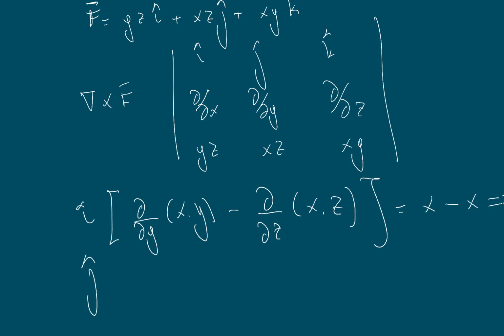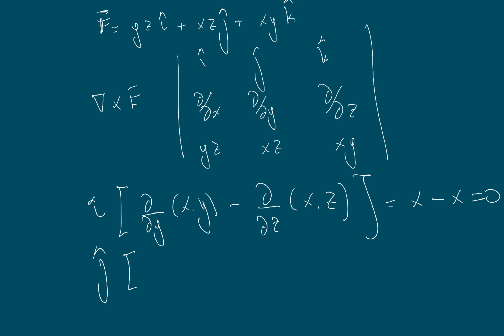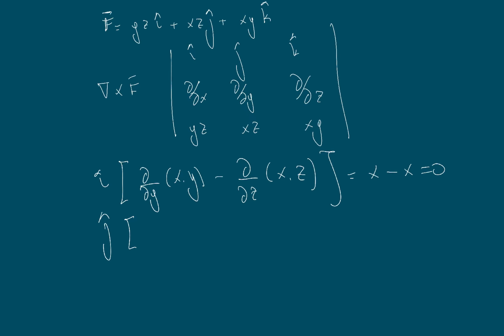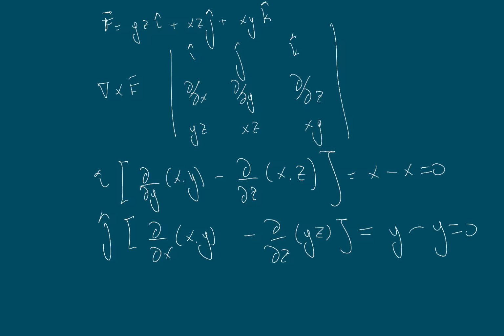I suspect that the j and the k components are 0, but we need to be sure. So the j component is the derivative with respect to x of xy minus the derivative with respect to z of yz. The first derivative is y, and the second derivative is also y, so it is 0.